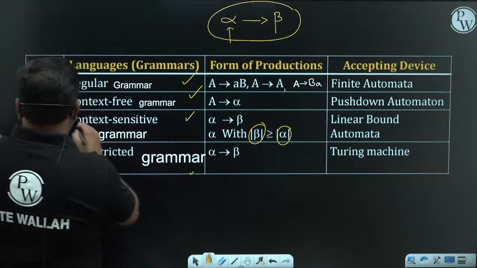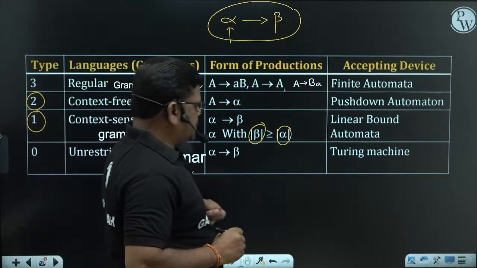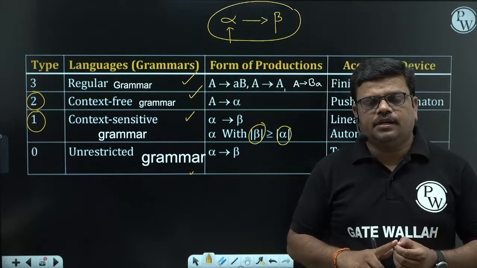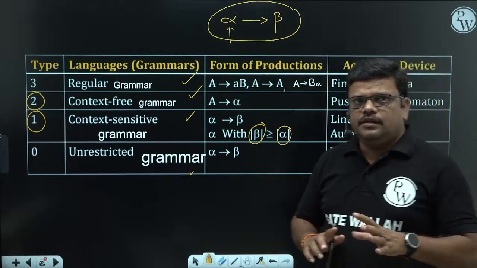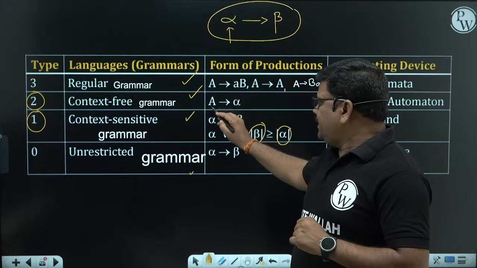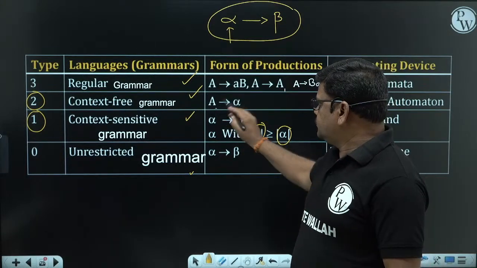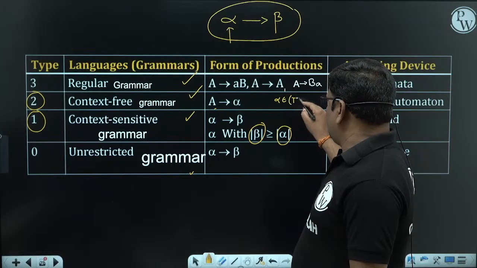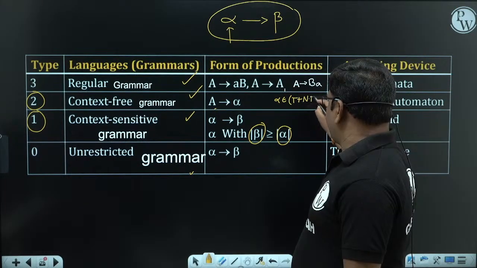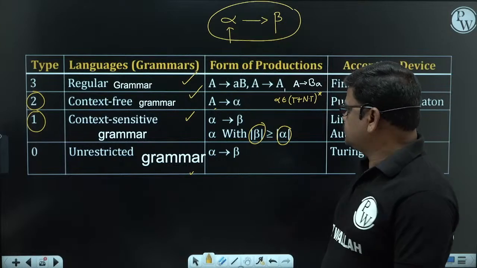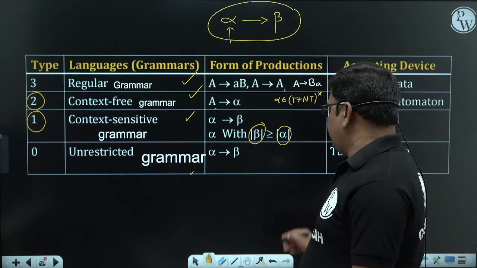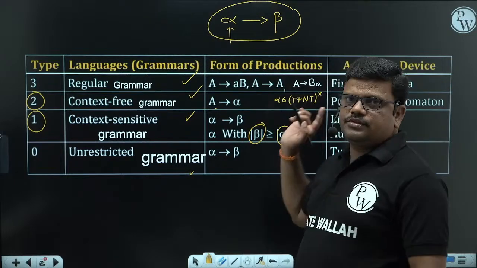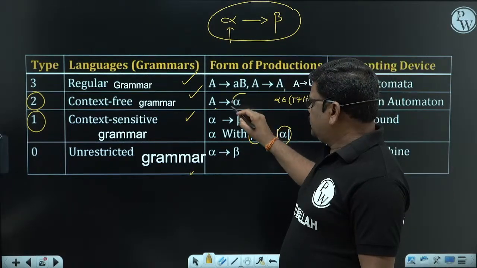Type 2, context free grammar. Context free grammar has only a non-terminal on the left hand side. Alpha belongs to any number of terminals or non-terminals whole star. The right side can be anything.